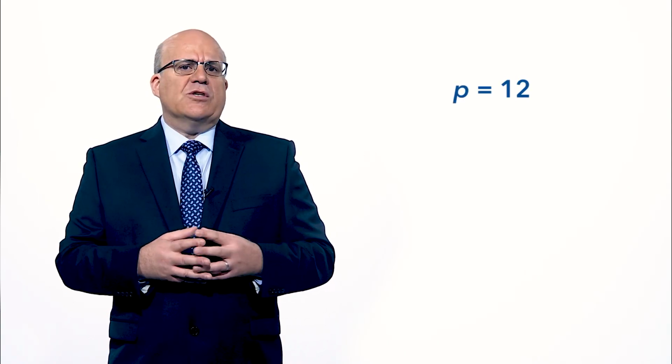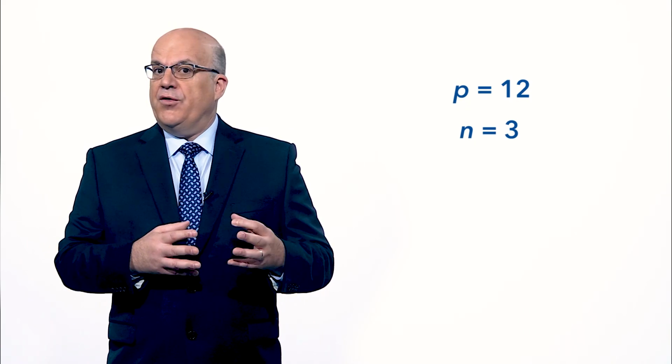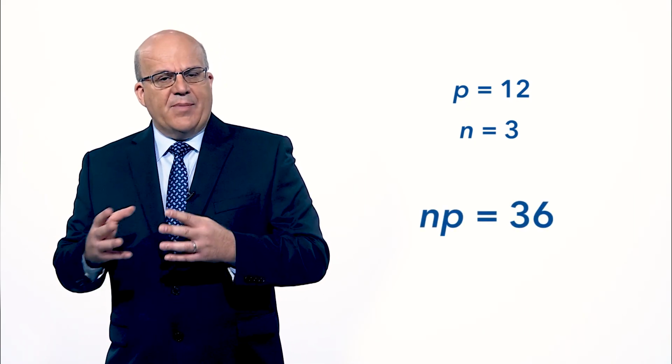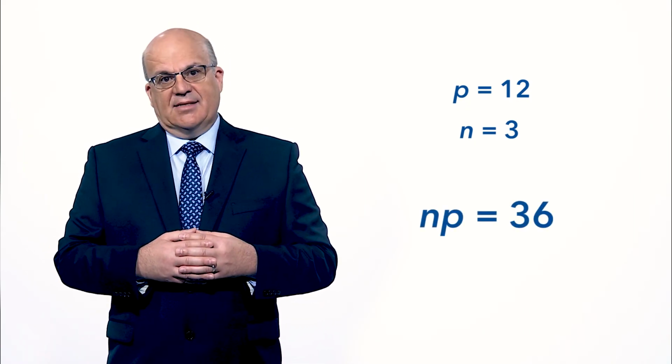For example, for a 3-year bond where interest accrues monthly, P is equal to 12 and N is equal to 3. So N multiplied by P equals 36.